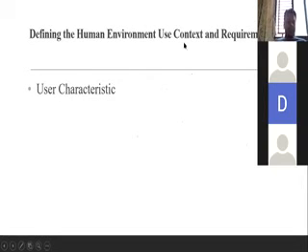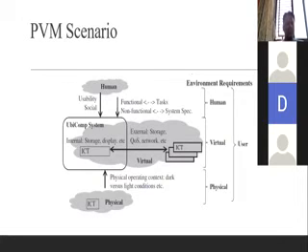So user characteristics are specifically a part of human environment use context and requirement. The human environment context concerns the user's characteristics, the social context, and the usability context of the user.